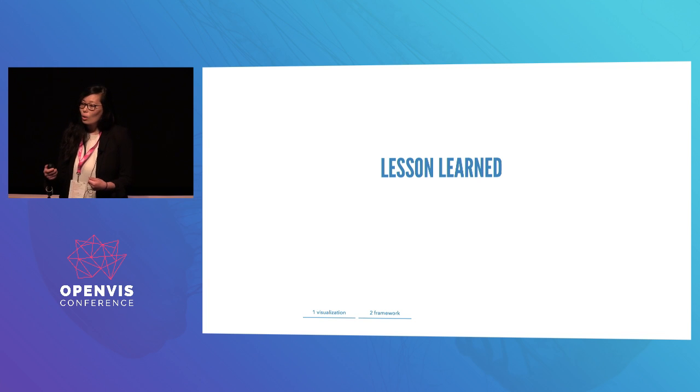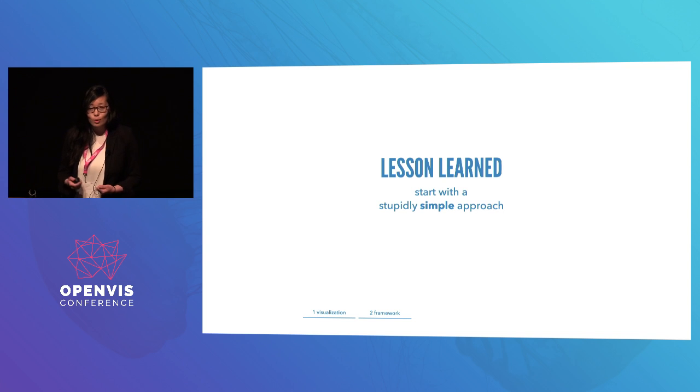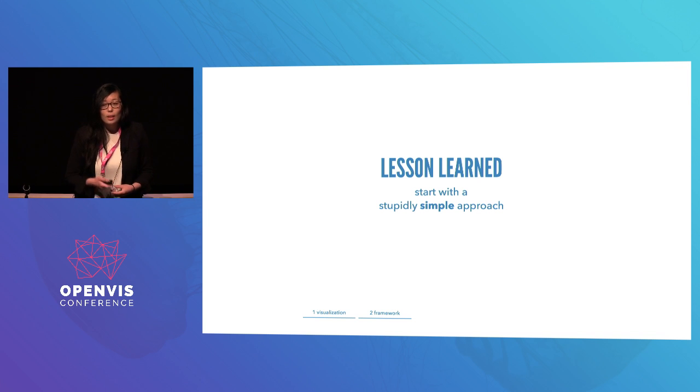From there, we learned to start with a very stupidly simple approach when we're starting with our architecture. And then once it has had the time to marinate and soak in the code base, we can start figuring out exactly where the optimizations are needed.